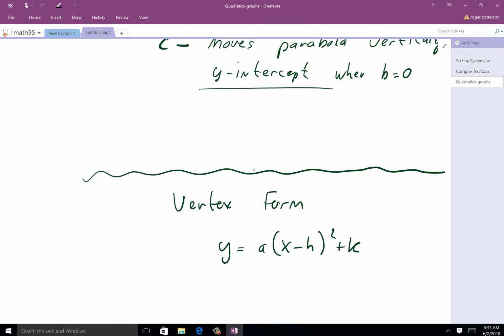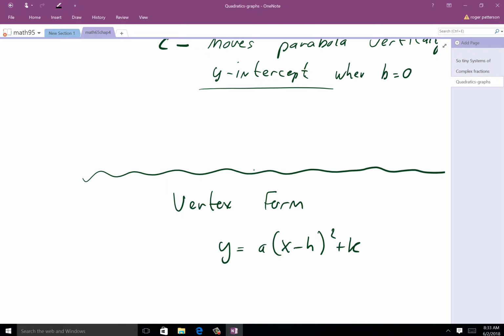The only tricky part to this is where it says x minus h, and h is 5. So when we have x minus 5, we would think that maybe the vertex is negative 5, but in actuality, it's the opposite.